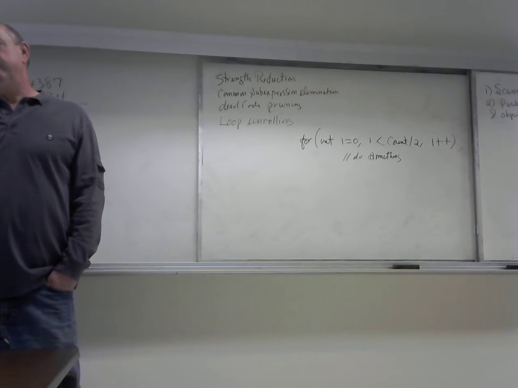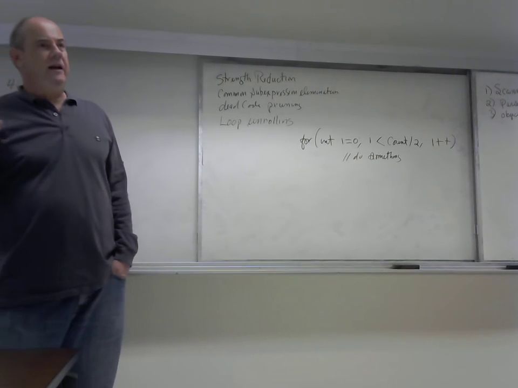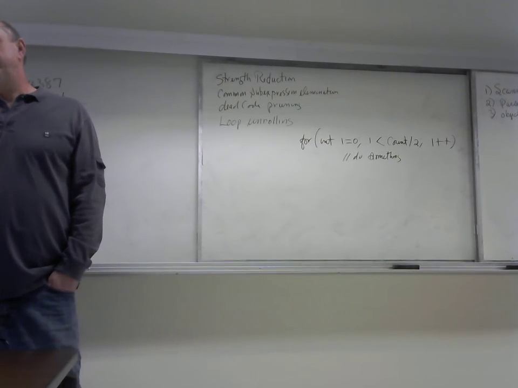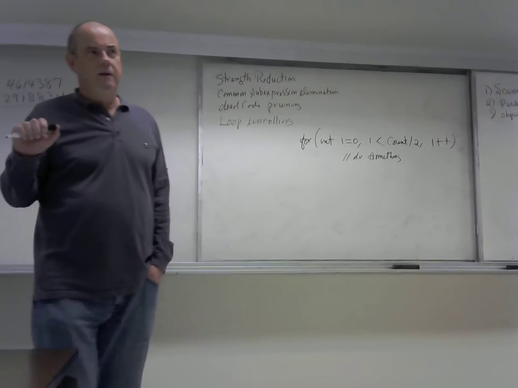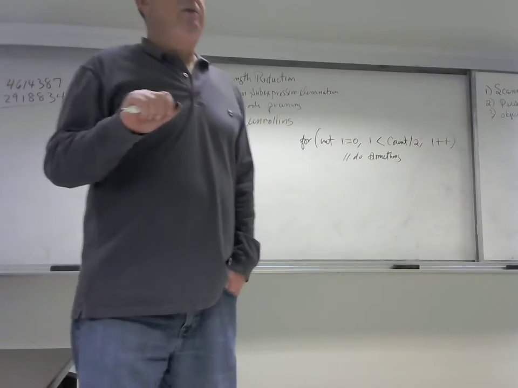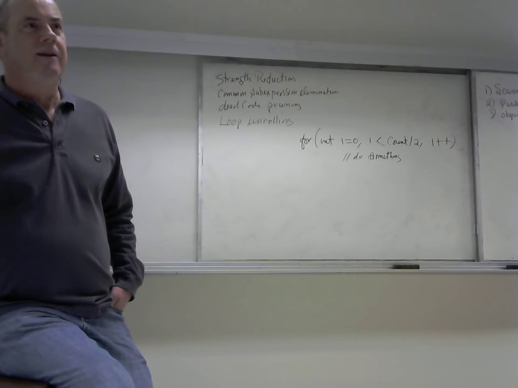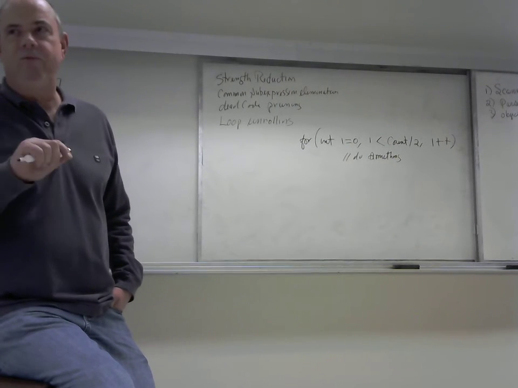With every pass in the loop, you're going to divide count by 2 and check it. So if it's going to loop 1,000,000 times, how many times are you going to divide count by 2? 1,000,000. And are you going to ever get a different result? No, it's the same every single time.